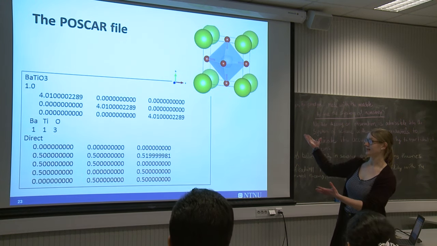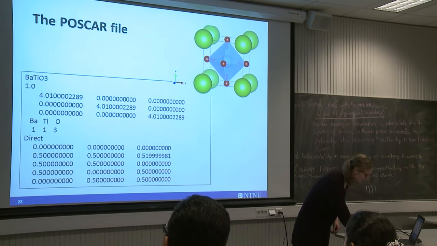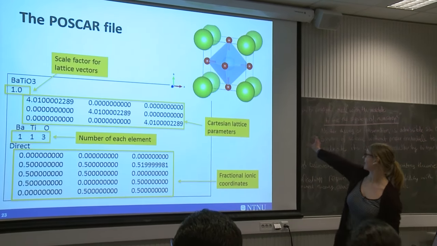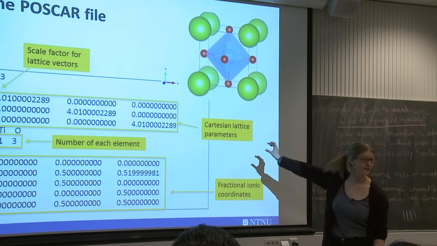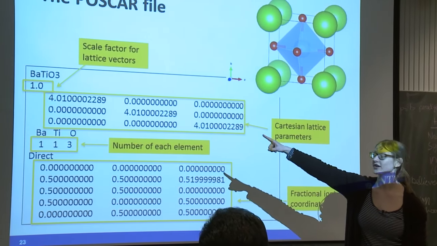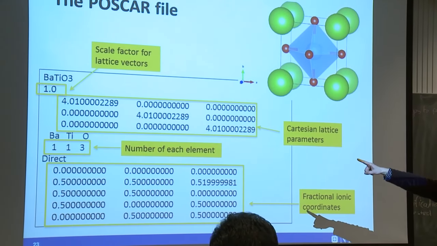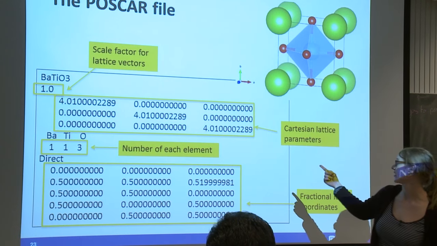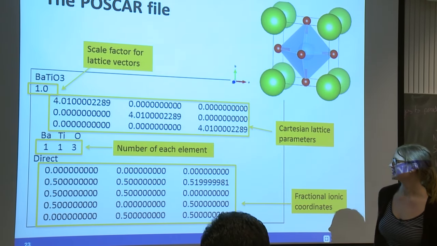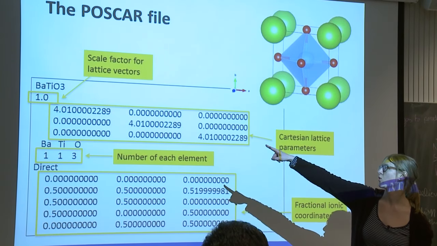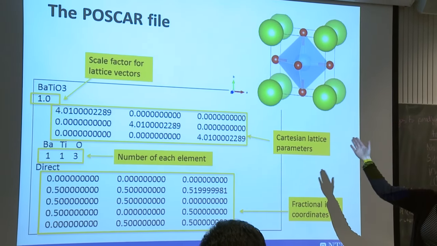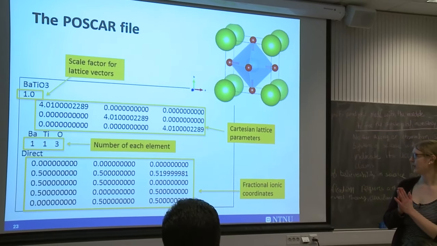That would look something like this. So what does it mean? Well, this is basically just the Cartesian lattice parameters. You have a scale factor here that you can choose to use if you want. In principle, since a equals b equals c, you could set the number 4.01 there, and then just 1, 0, 0, 0, and so on. But never mind.